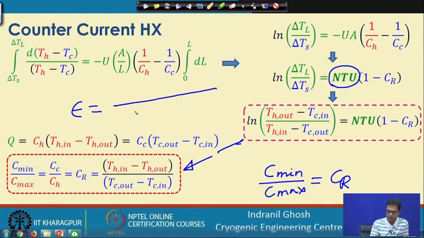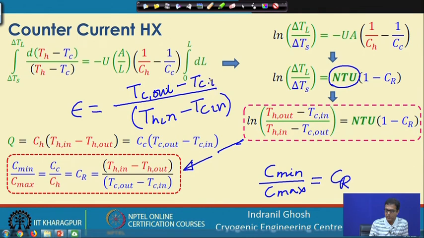So, we will try to relate it in terms of (T_H,in − T_C,in), and this will be (T_C,out − T_C,in). So, this C_C and C_C is cancelling from both denominator and the numerator.